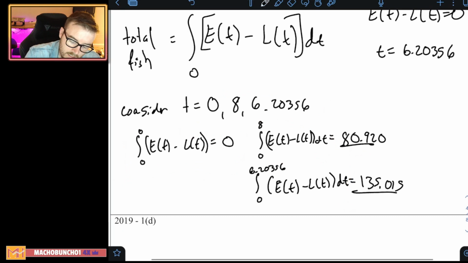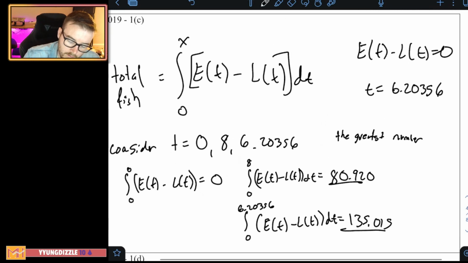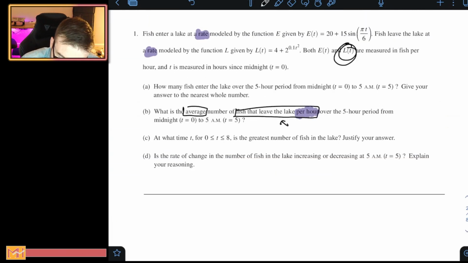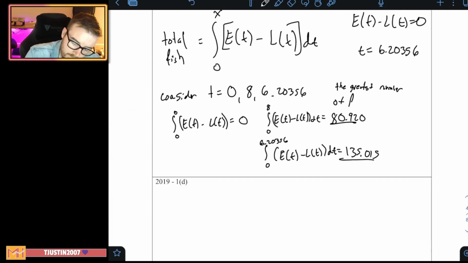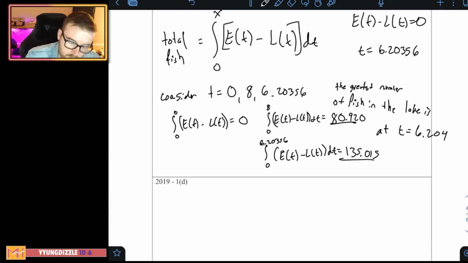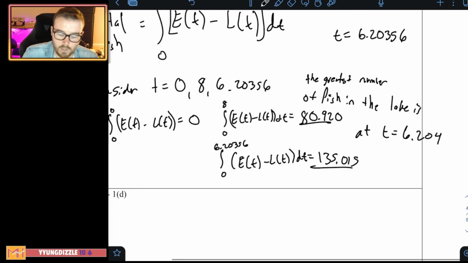And then you can say the greatest number, how do they phrase it? Sorry, the greatest number of fish in the lake is at t equals 6.204, because I'll round that up. Okay.